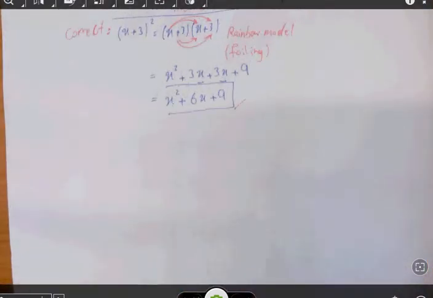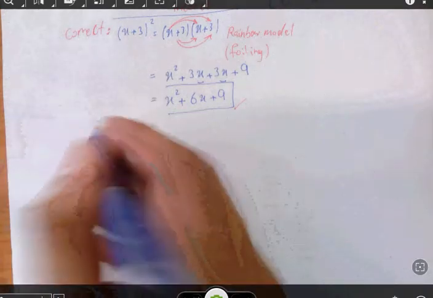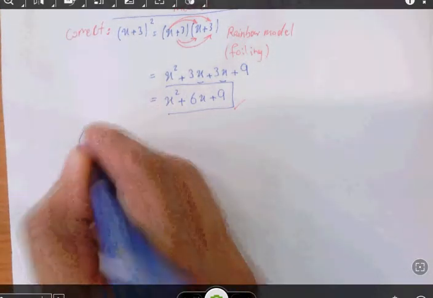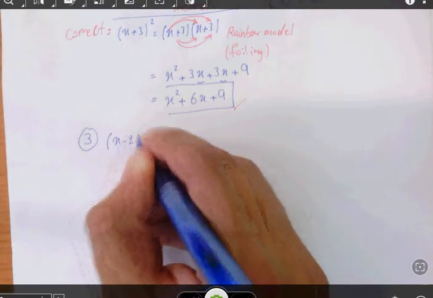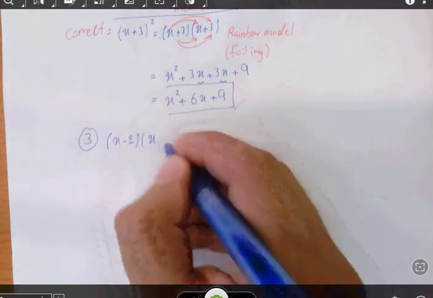There you go. Okay. So let's go through another one. All right? Another one of these. I will write a third one. A third example, I'll write it as x minus 2 and then x plus 2.